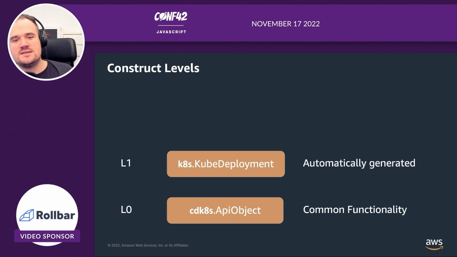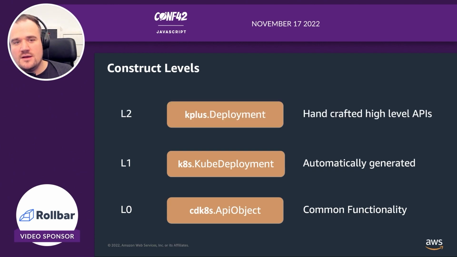But mostly they are still representing the base API from Kubernetes. Now, where it gets really interesting, and this is where CDK8s Plus comes into play, is with level 2. CDK8s Plus exposes a number of high-level handcrafted APIs that make it even easier to create and wire up multiple Kubernetes objects that you need to actually get an application running.